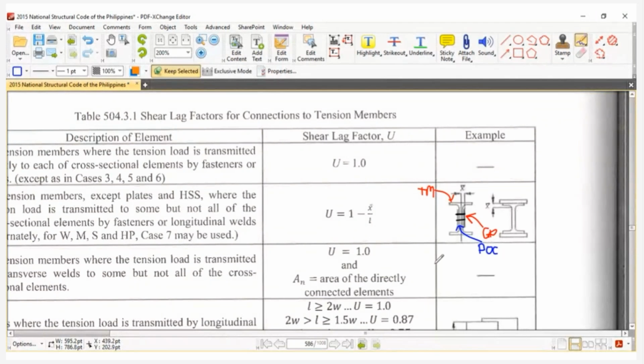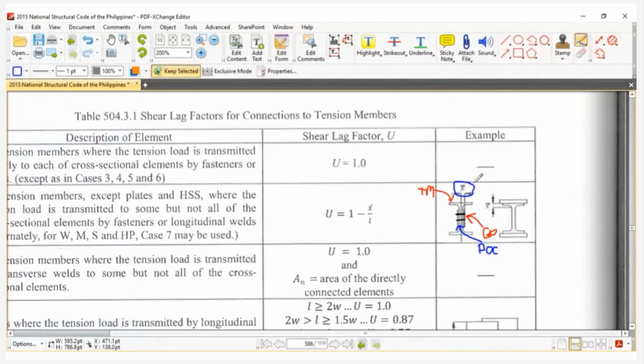Okay. So from the plane of connection, the interface between the member and the gusset plate or the connecting plate, the distance from that interface to the centroid of the tension member, that is our X bar. Okay?